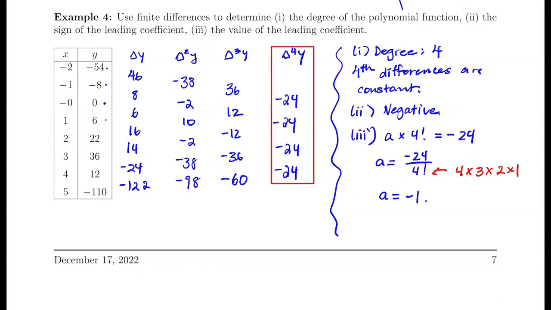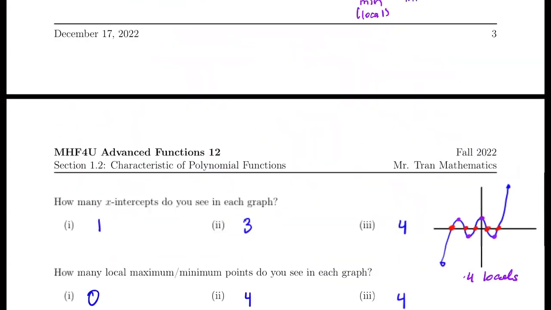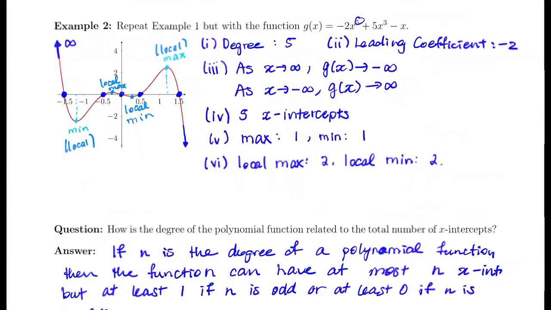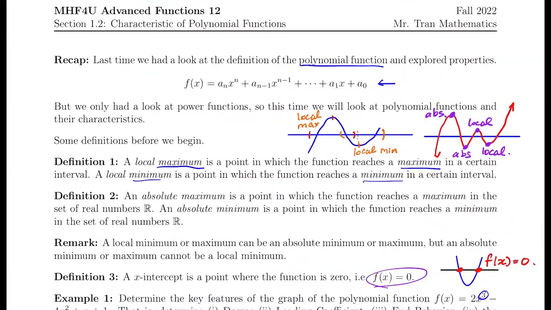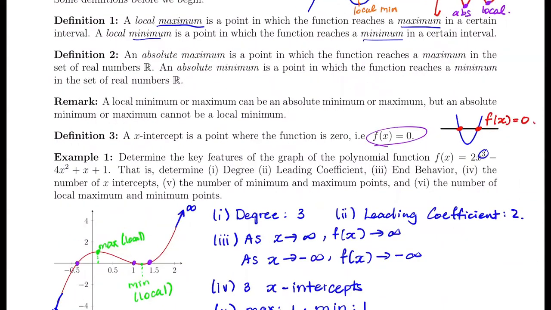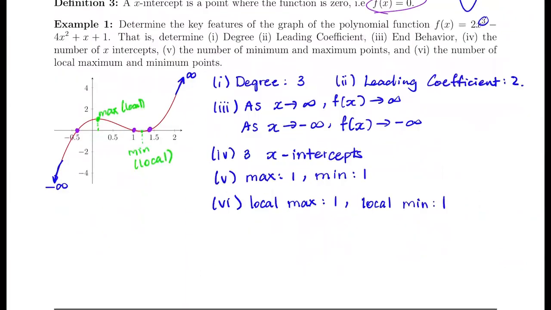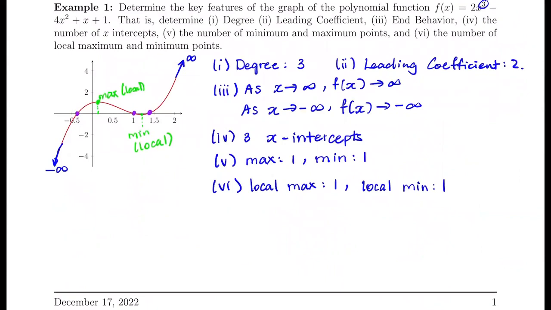Okay, so to conclude this lesson for today, what we have covered: we first had a look at the definitions of the local maximums and minimums and the absolute minimum and maximum values. We had a look at the x-intercepts, and how to describe where the maximum and minimums are based on the graph that is given.